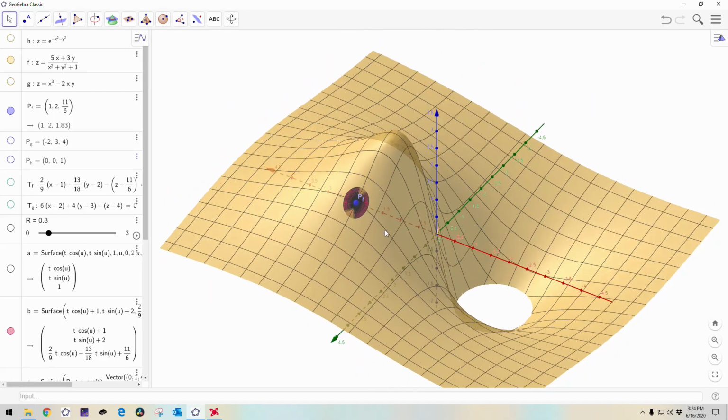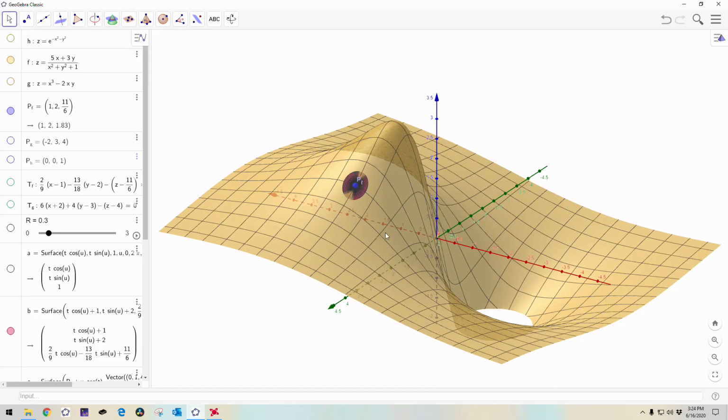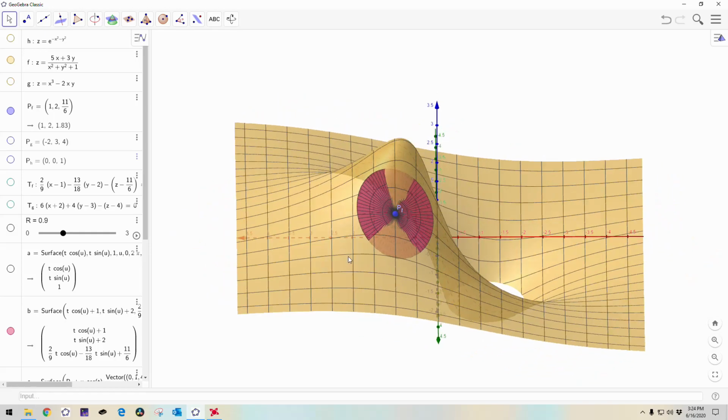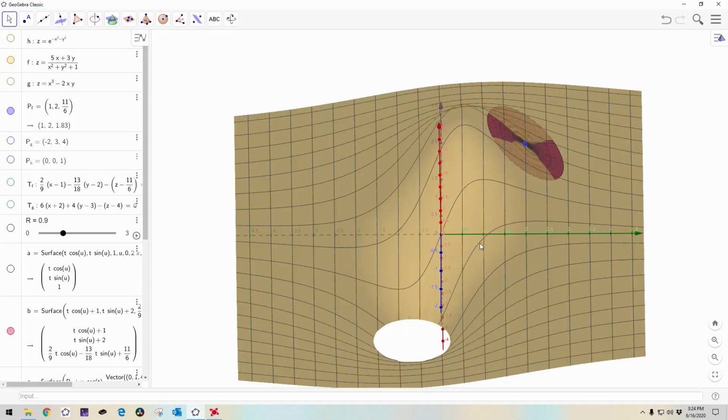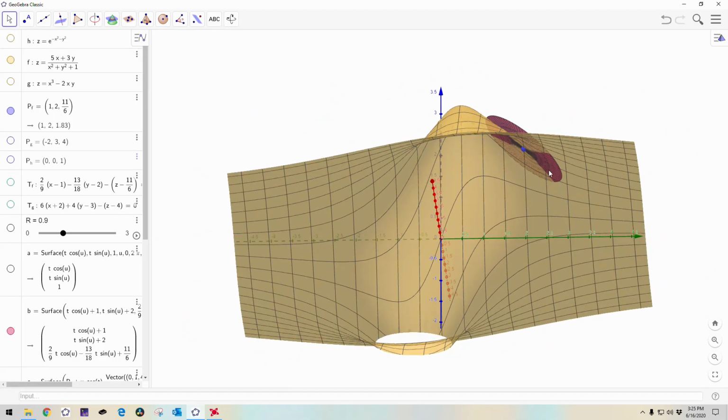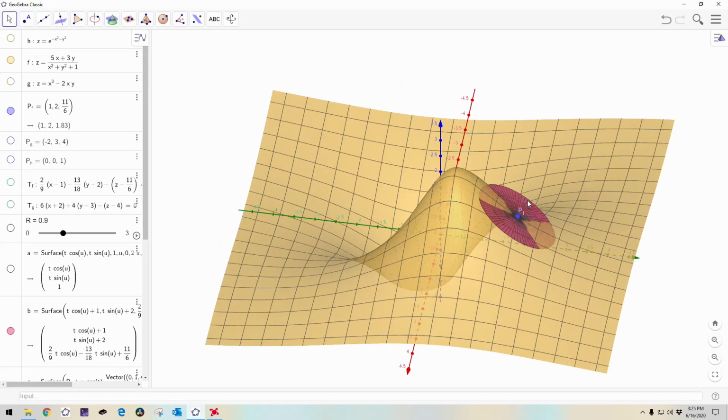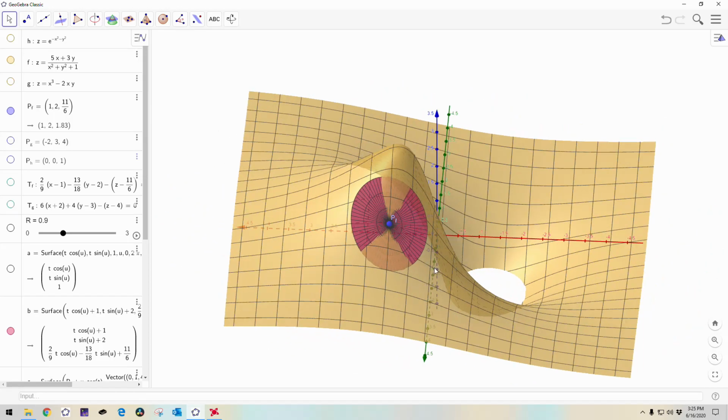That is the tangent plane, and that's the piece that we would typically use for approximations, rather than this bigger version right here that starts to intersect and go underneath. You can see that it's intersecting, and part of it's under the surface and part of it is over the surface there.